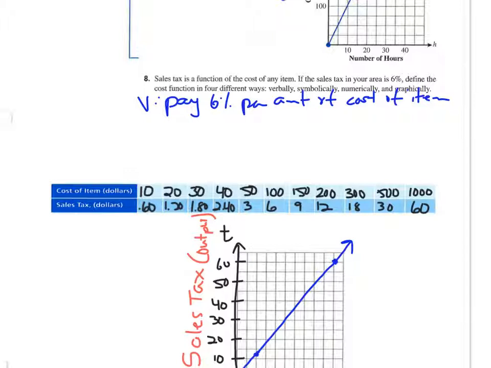Okay, so symbolically, that means my total cost, I'm going to use T, is, well, 6% as a decimal would be 0.06 times whatever the cost of my item is. So I multiply my cost by 0.06.